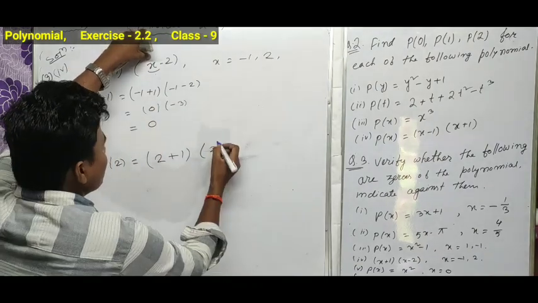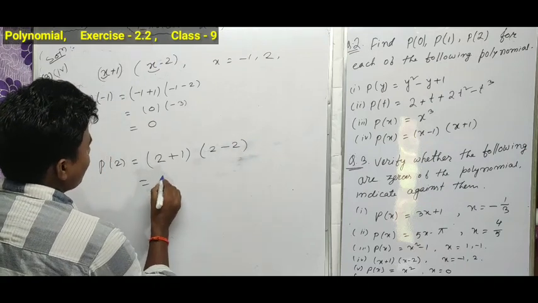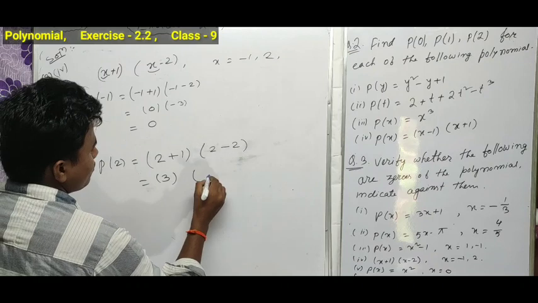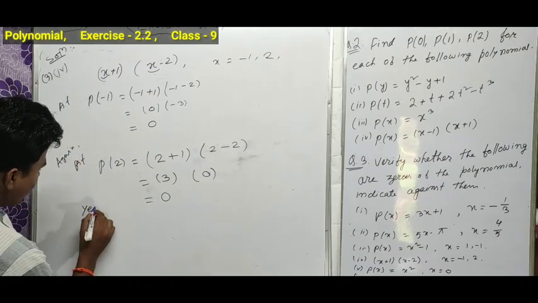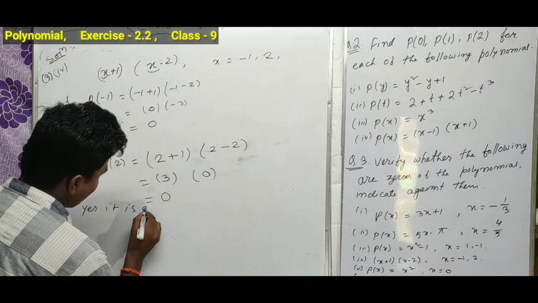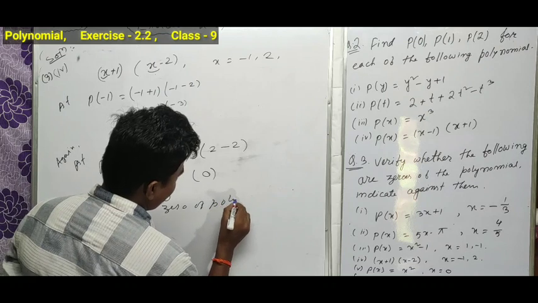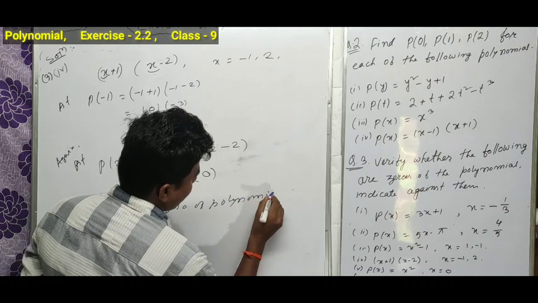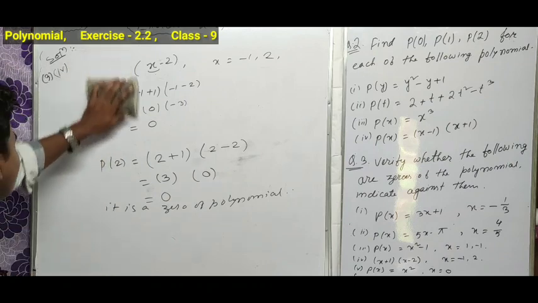Okay, so next you can see minus 2 is there. Okay, so 2 plus 1 is 3 and 2 minus 2 is 0. It will become 0. Yes, it is a 0 of polynomial.